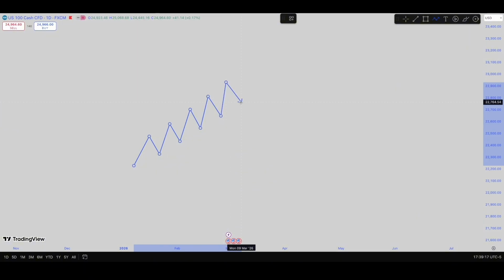We are in an uptrend here. We see how we have higher highs and higher lows, with no low taking out the previous lows. We keep taking out highs, making higher highs. That's what we want to see in an uptrend.